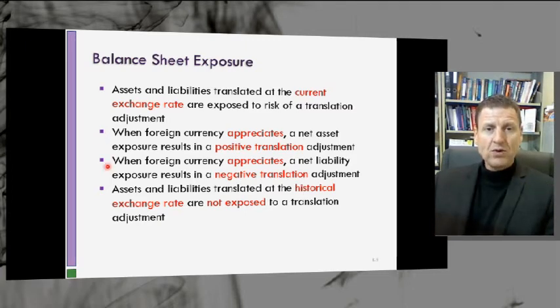But if you have net liabilities in that subsidiary, so you've borrowed more than what the assets are in that subsidiary, then if the yuan appreciates, you're going to have a negative translation adjustment. And that's the thing you want to think about, okay? So if you've got a net asset exposure or you've got a net liability exposure. So just keep those things in mind. Very interesting as we keep going.